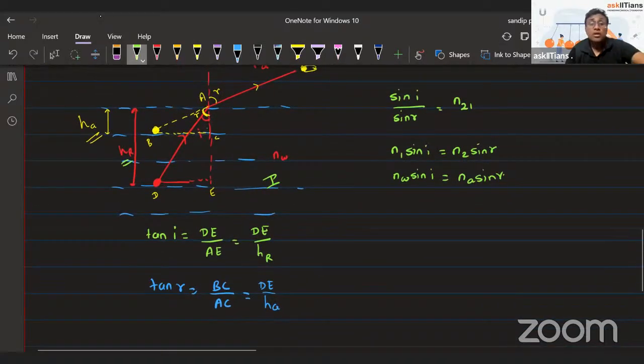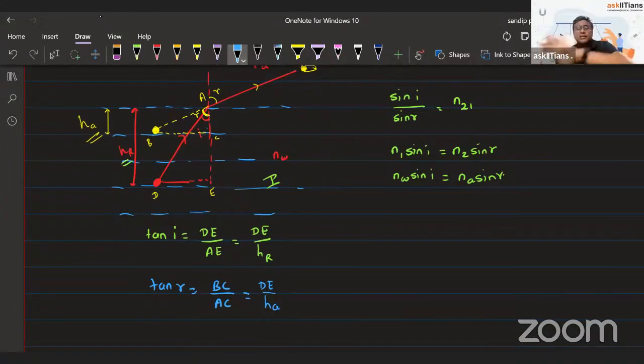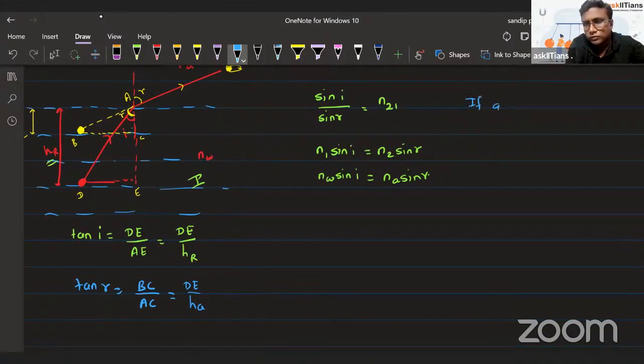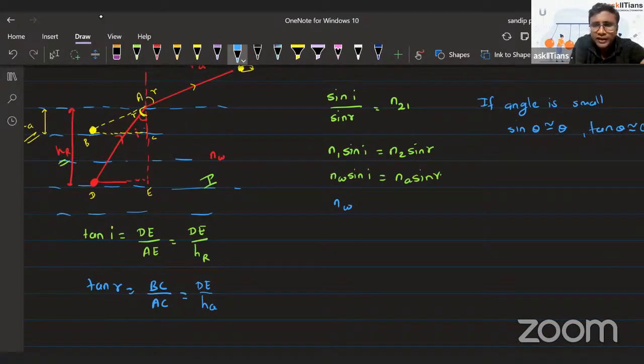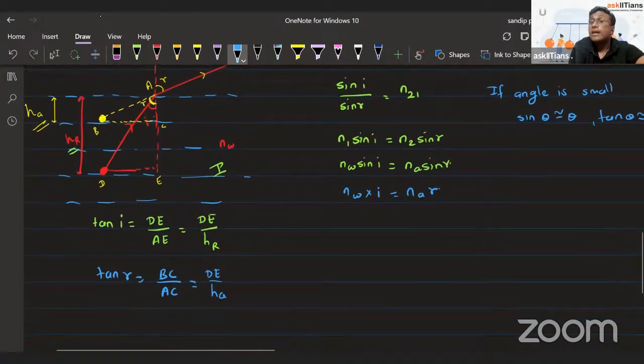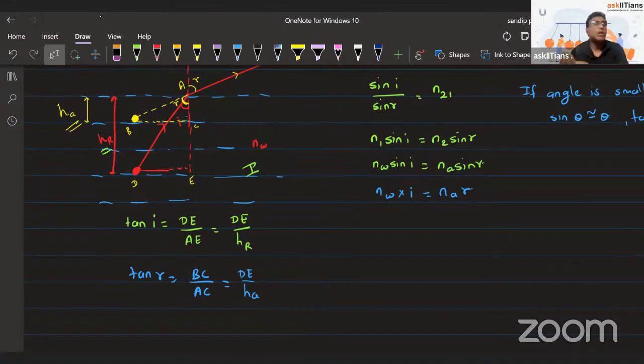Now, one more concept we often use in physics: if the angle is small, sin theta is approximately equal to theta, and similarly tan theta is approximately equal to theta. So I can say N water into I, N air into R, but the angle needs to be small for that.